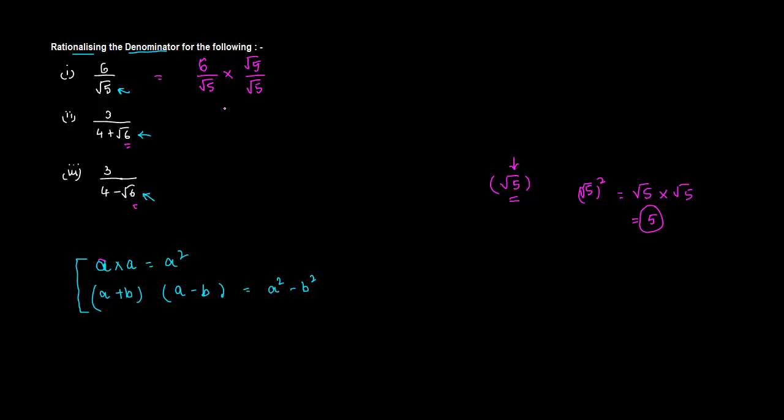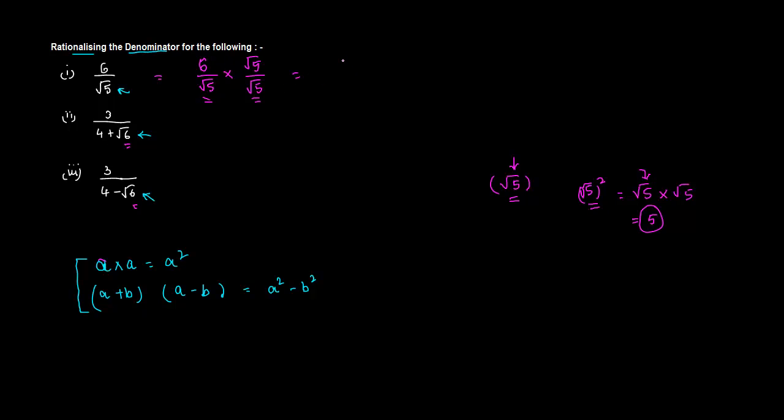Any guesses? The reason is, as I told you, if we square a particular number, then the square root is removed. So by multiplying this square root 5 by another square root 5, I will be squaring this particular number, right?